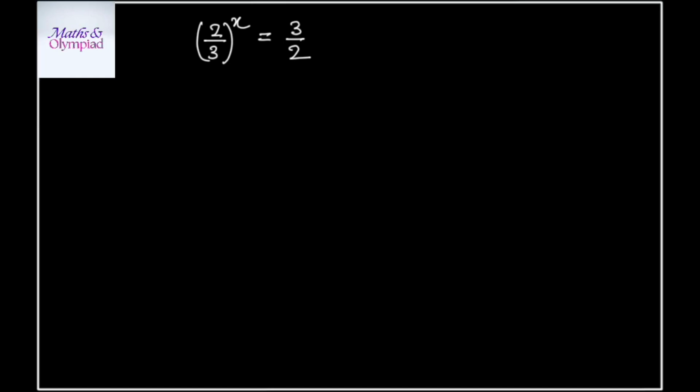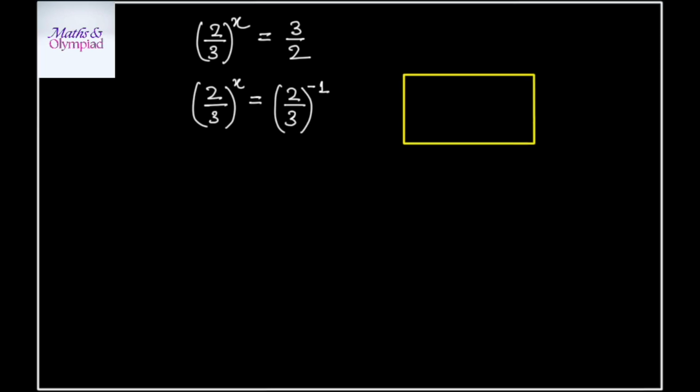Now I have to make both the bases same, so I will write 2 over 3 whole raised to the x as it is, and I will write 2 over 3 whole raised to the power minus 1. I have used an exponential law which says a over b equal to b over a whole raised to the power minus 1.